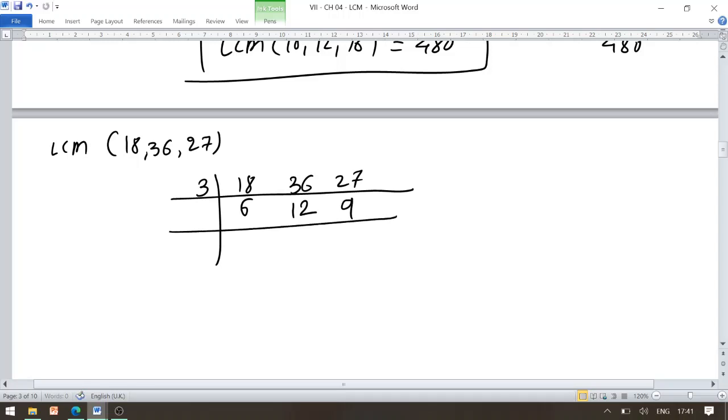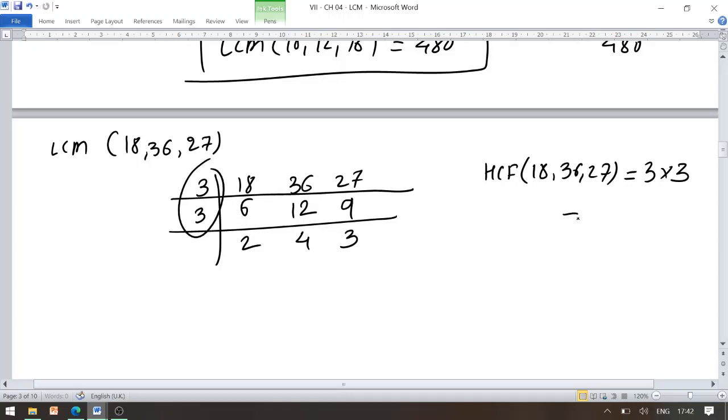Again all three numbers are divisible by 3. 3 twos are 6, 3 fours are 12 and 3 threes are 9. So there is now no common divisor that should divide 2, 4 and 3 simultaneously. So if we have to evaluate the HCF of 18, 36 and 27, that becomes the multiplication of all common divisors. That is 3 threes are 9.